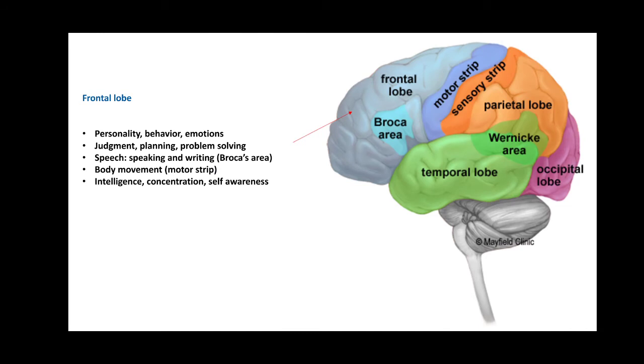the cerebrum can be broken down into four major parts, which are called the frontal lobe, the parietal lobe, the temporal lobe, and the occipital lobe. Each of those lobes has its own different purposes and functions.